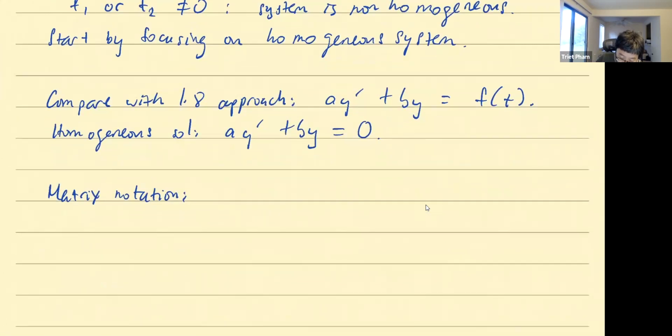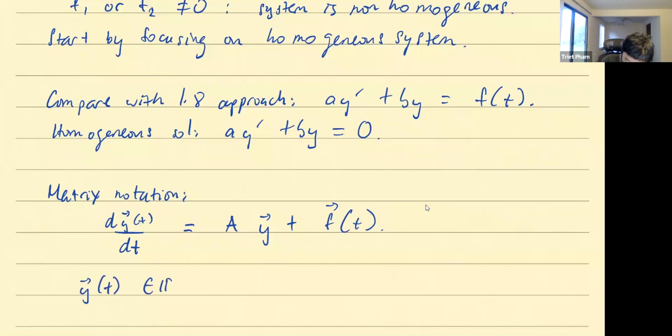So anyway, the matrix notation will be like this. If we're lazy, we'll just write dy over dt, y as a vector, is a matrix A times y plus a vector f, like that. Okay, so this covers actually any size. Where y of t, this notation just means it's a vector of size n.